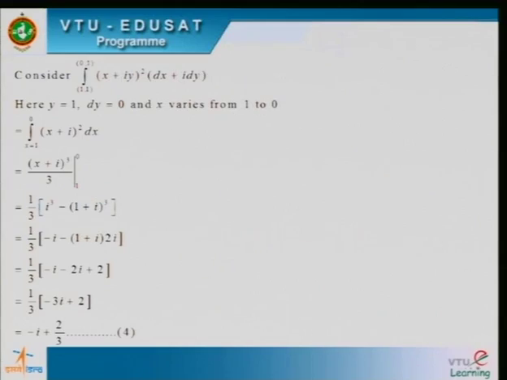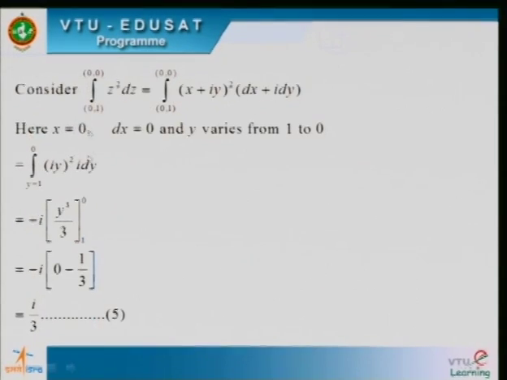Applying this in the integral, x varies from 1 to 0 and we have (x plus i) whole squared, because y is equal to 1. After integration and simple calculations we get minus i plus 2 by 3.